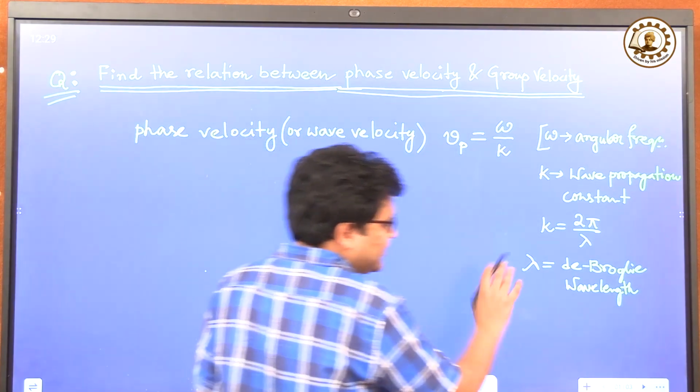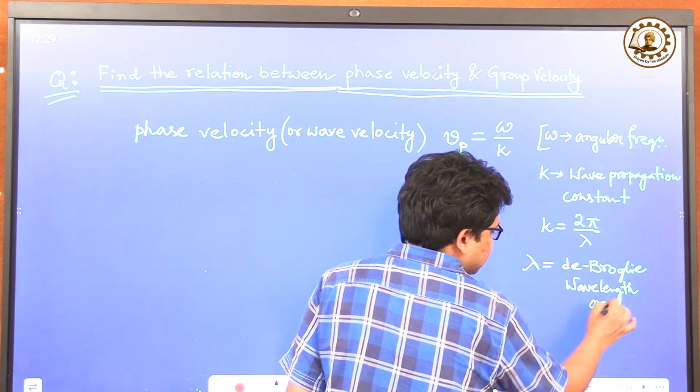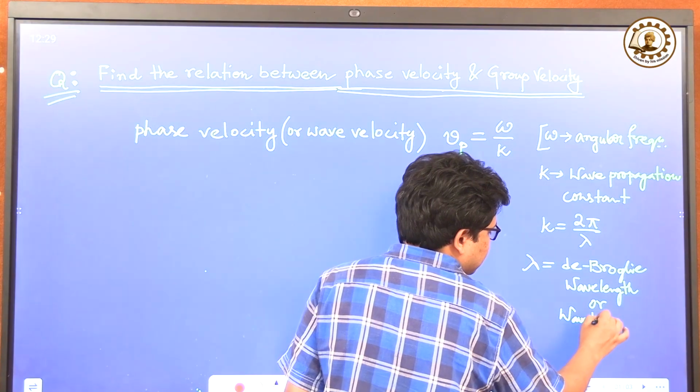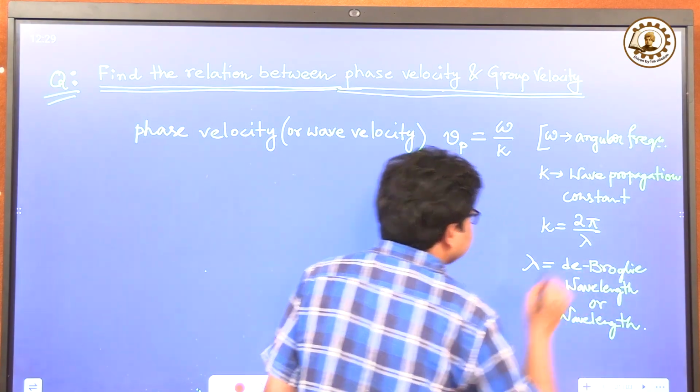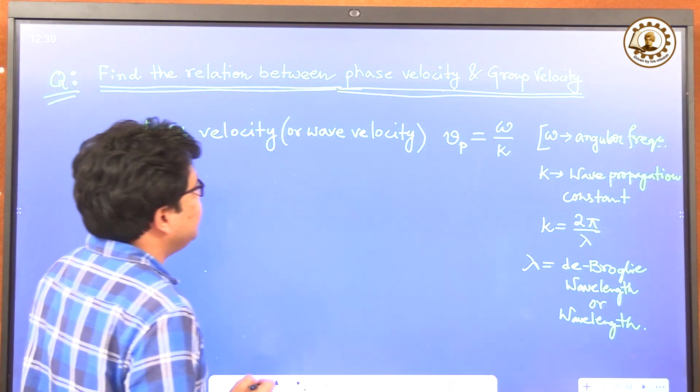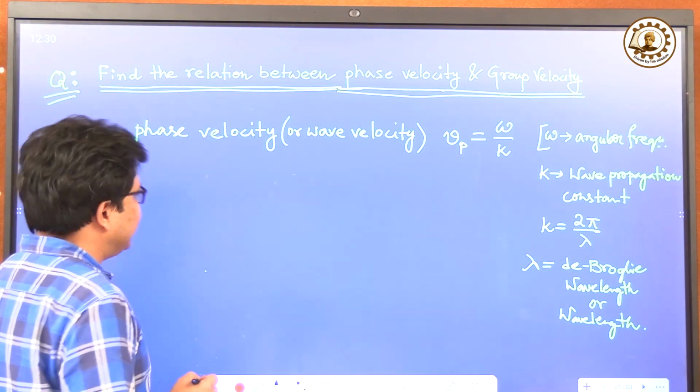Or in general it is wavelength. So this is the definition for wave velocity or phase velocity.